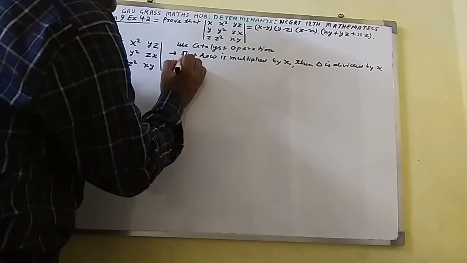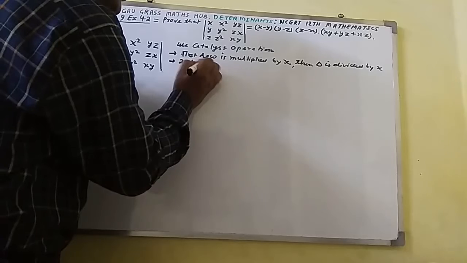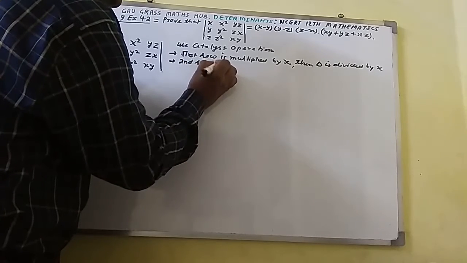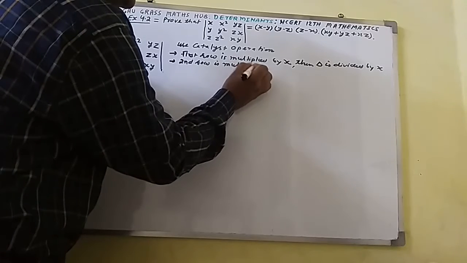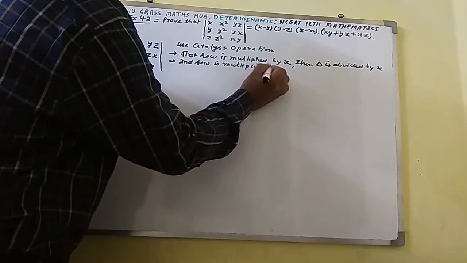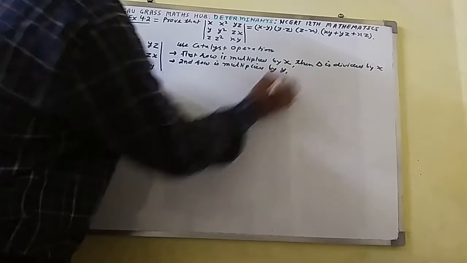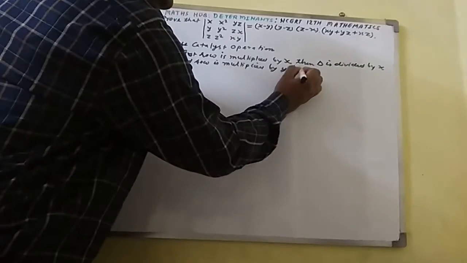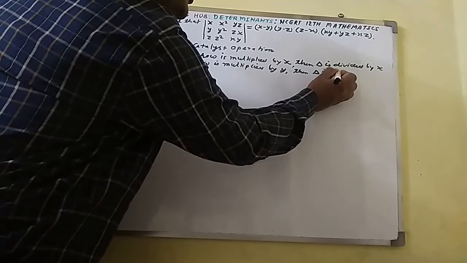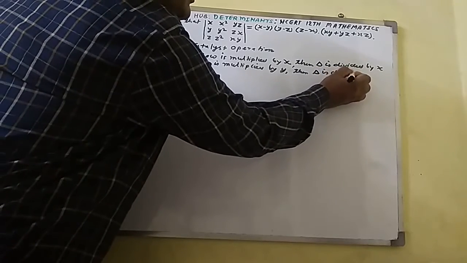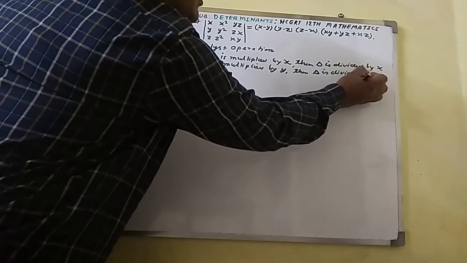If the second row is multiplied by y, then the determinant is divided by y.